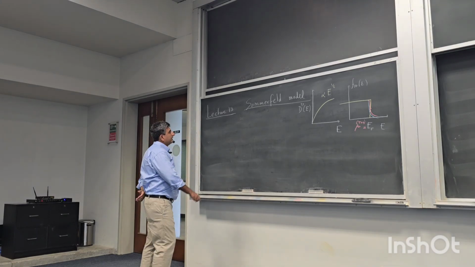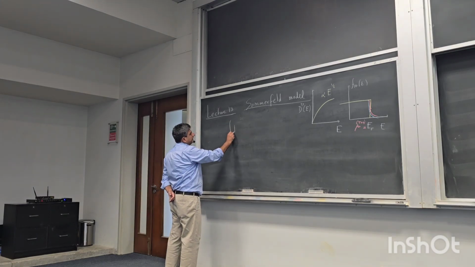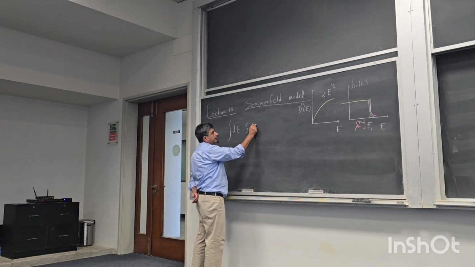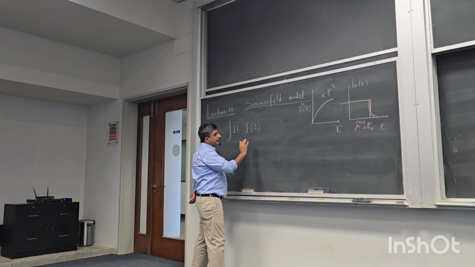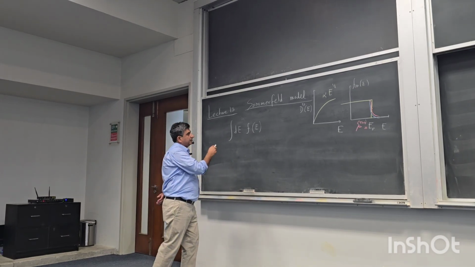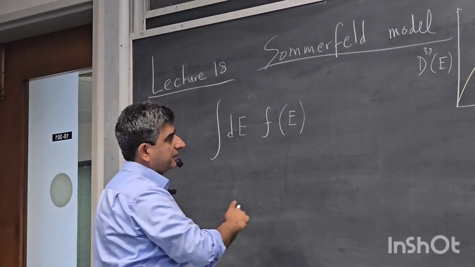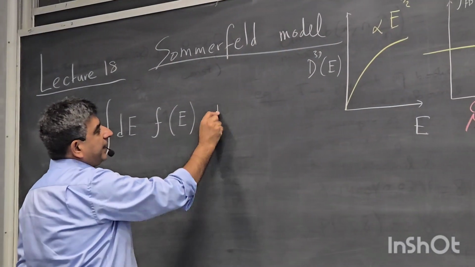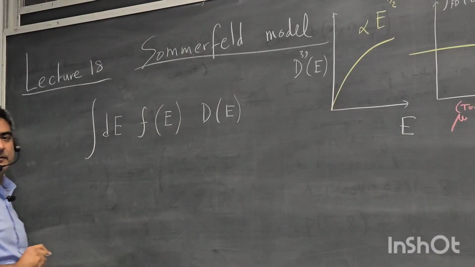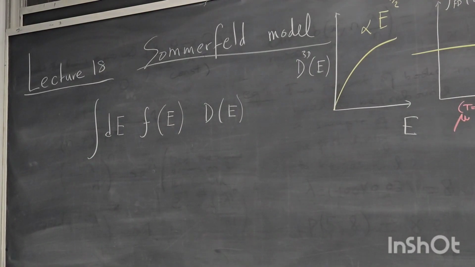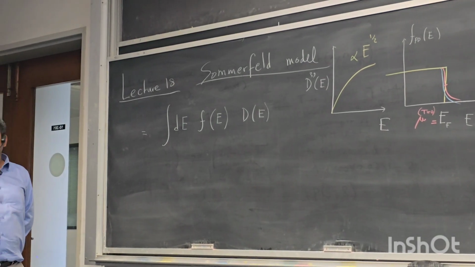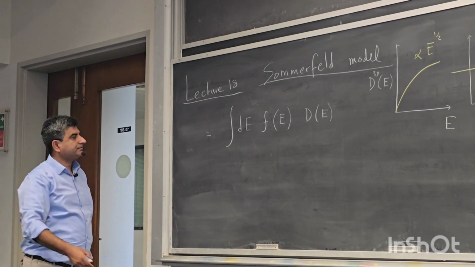For example, if I form this integral of dE, F(E), and I have some property, some variable multiplied with the Fermi-Dirac distribution function. For example, if I have dE, just dE, the density of states, what should this integral be? This integral should be some number, the number of electrons inside the system.